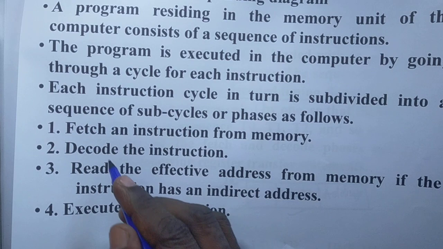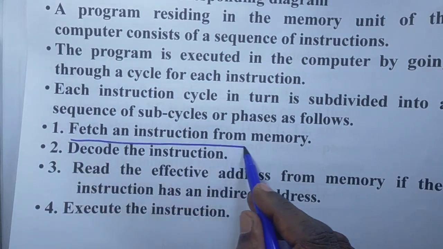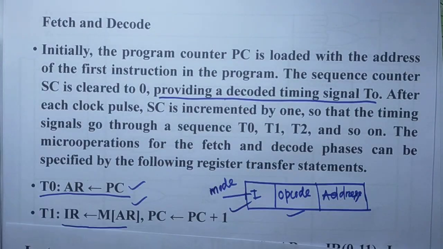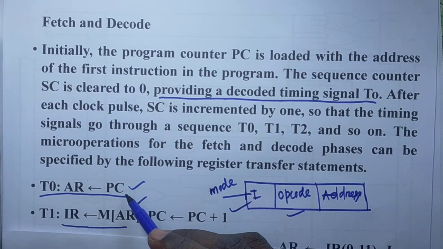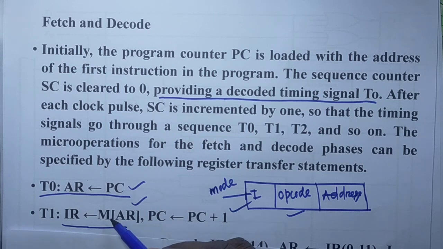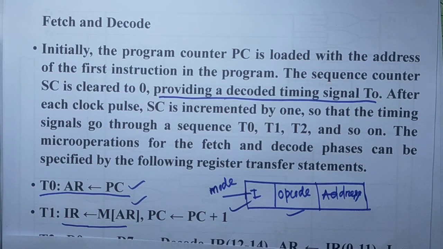In the first phase we have already discussed that we fetch an instruction from memory. In the first phase, the PC finds the particular instruction and transfers it to the address register. Address register means keeping the address for memory, and we have already discussed in the common bus system how the memory address register is linked to the memory, and how it is activated when accessing any data through memory.